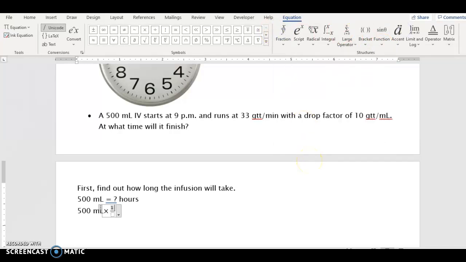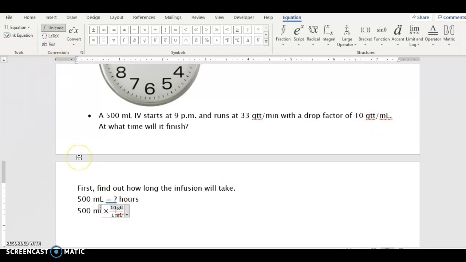10 drops, so the way that it appears here, 10 drops in the numerator and 1 milliliter in the denominator. 10 drops per milliliter is understood to be 10 drops per 1 milliliter. So that's why we have 1 milliliter in the denominator.